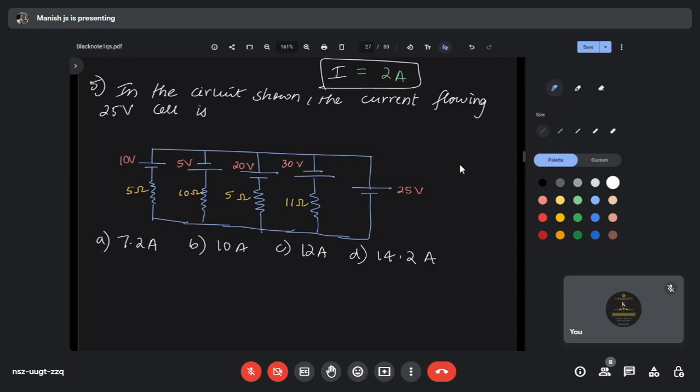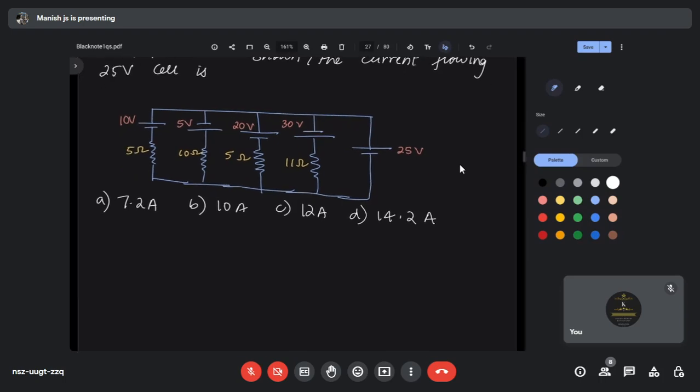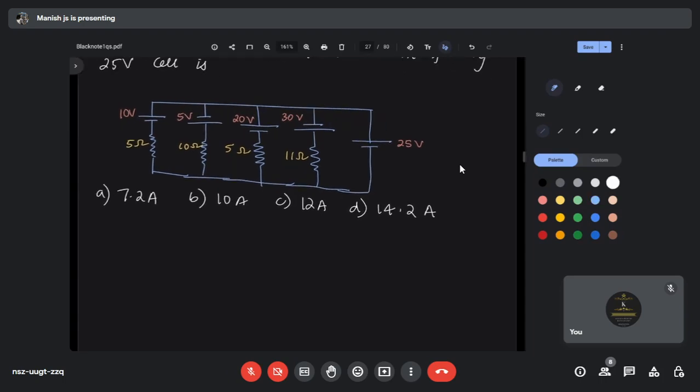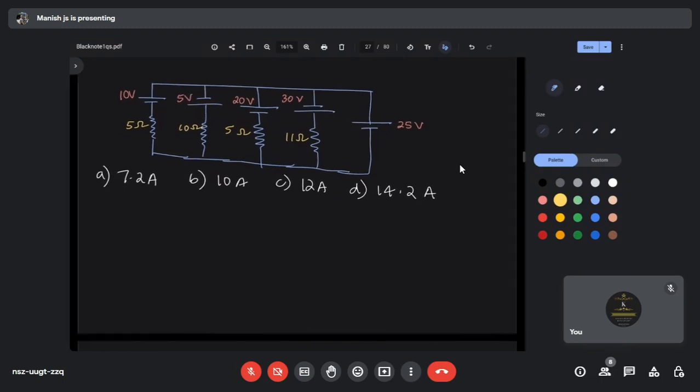Now according to Kirchhoff's current law, what does it say? What does Kirchhoff's current law give information about? Summation of I is equal to 0. Where is the summation of I equal to 0? That is important, isn't it? What you're saying may be right in a way, but where?